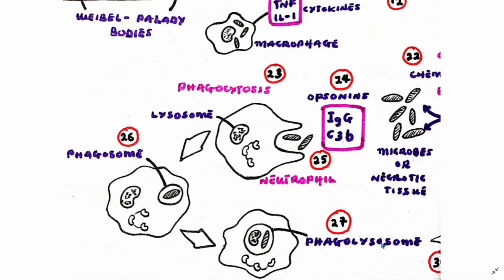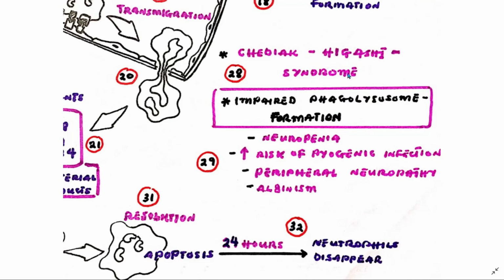An impaired phagolysosome formation is characteristic of Chediak-Higashi syndrome. This impaired phagolysosome formation causes increased risk of pyogenic infections because the microbes are internalized and the phagosome is formed, but they are not able to be destroyed, because the phagosome needs to bind to the lysosome in order for the enzymes contained within the lysosome to destroy the microbes within the phagosome.